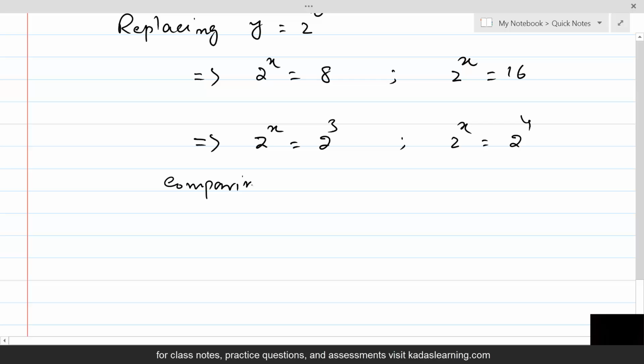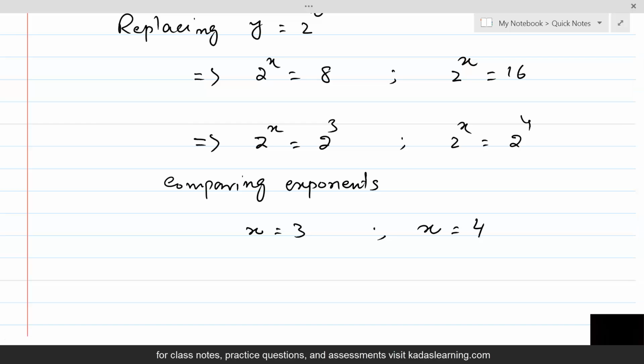Comparing exponents, we get x equal to 3 and x equal to 4. This is how we can solve most of the exponential equations, by reducing them to quadratic form and then applying the standard method of solution for quadratic equations and then reaching the solution.